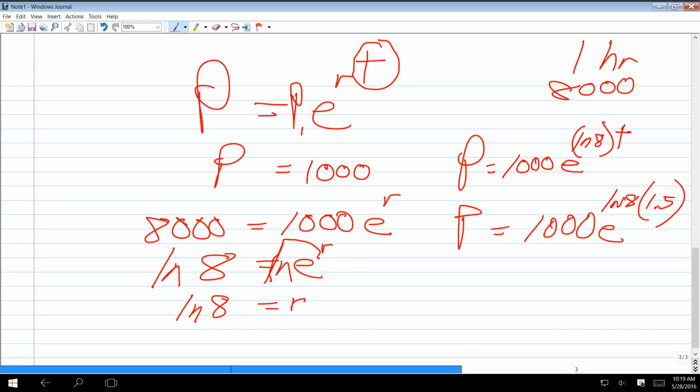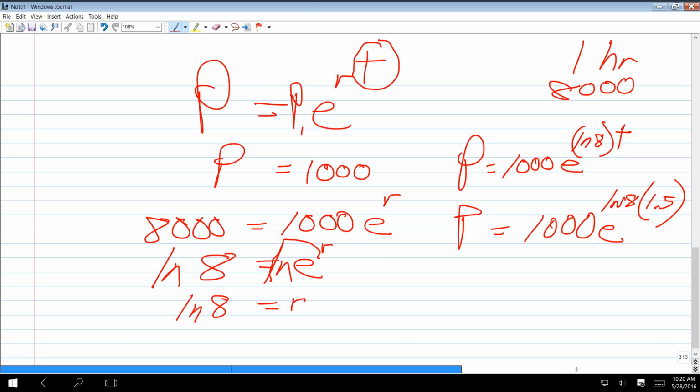It's giving me 0. Oh, wait, I think I'm doing something wrong. Should I raise e to ln 8 and then multiply it by 1,000?